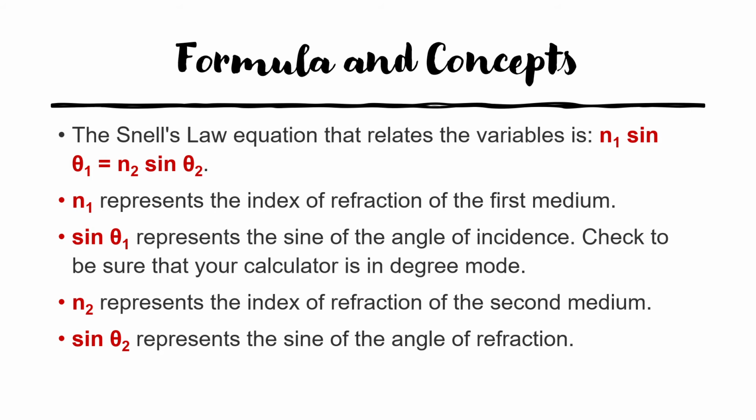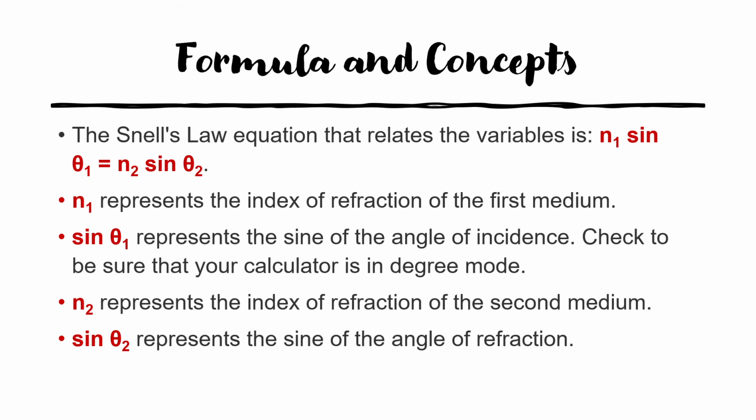Just in case you're not sure, you can reset your calculator, so it will go back to degree mode. And now n2 represents the index of refraction of the second medium, and sin of the second angle represents the sine of the angle of refraction.